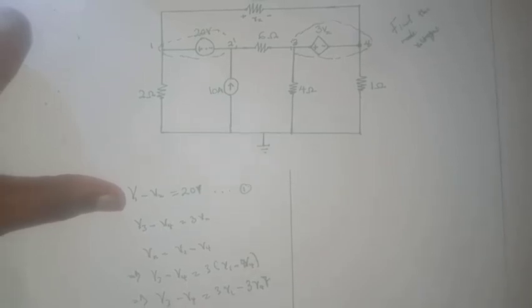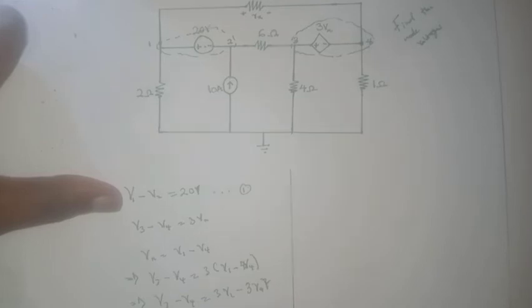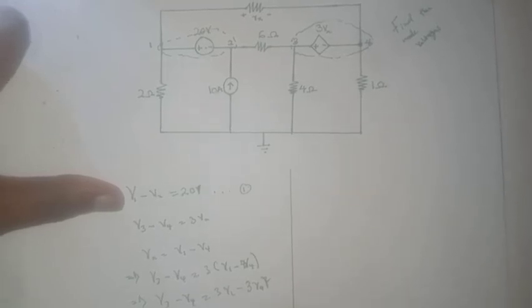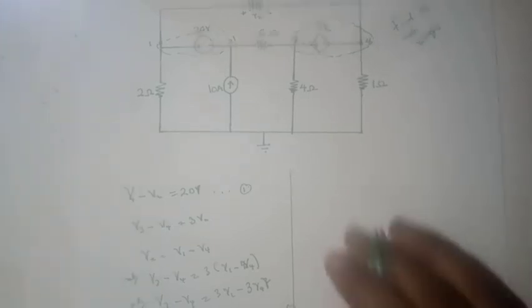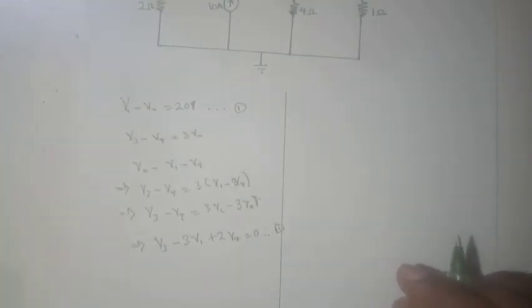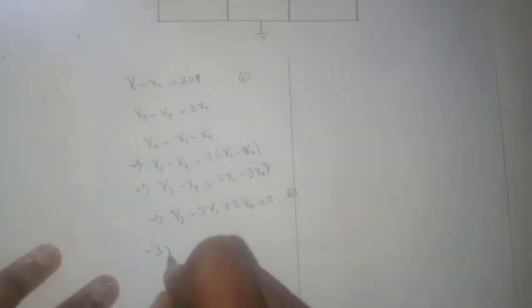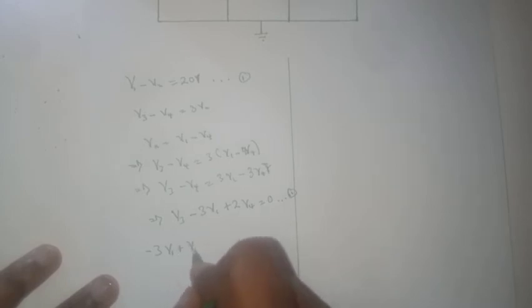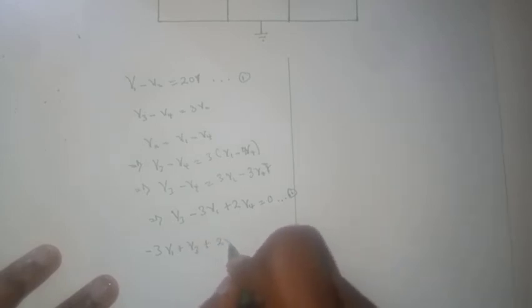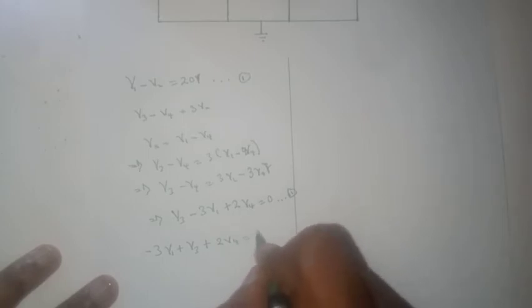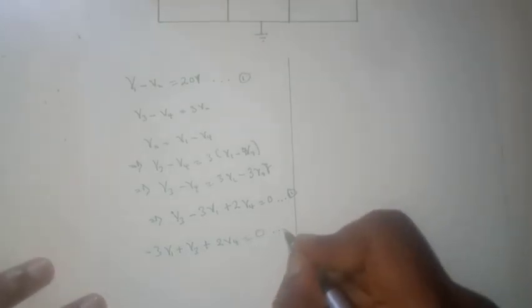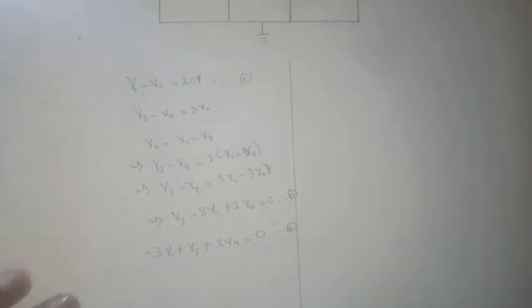So that would imply that V3 minus 3V1 plus 2V4 equals 0, and we call that our second equation. We can say that minus 3V1 plus V3 plus 2V4 equals 0. That would be our second equation.